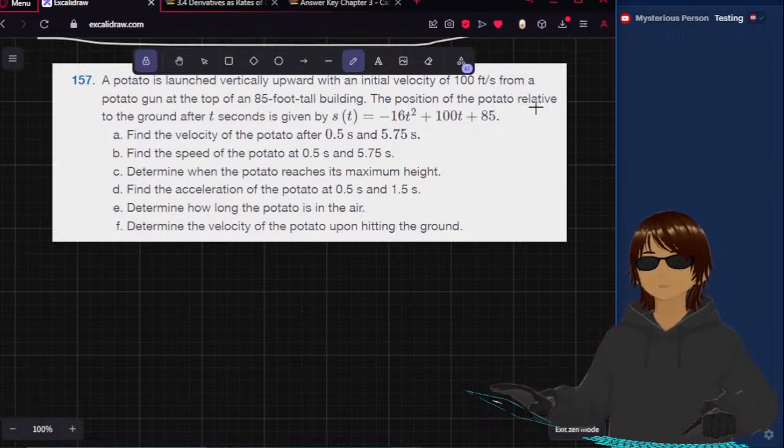What are these questions? The position of the potato relative to the ground after t seconds is given by s of t is minus 16t squared plus 100t plus 85. Okay, let's do the first one.